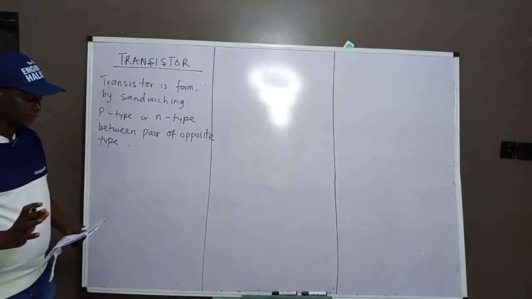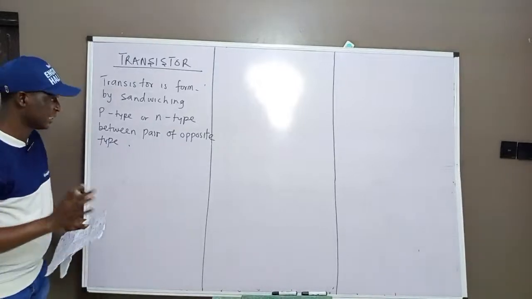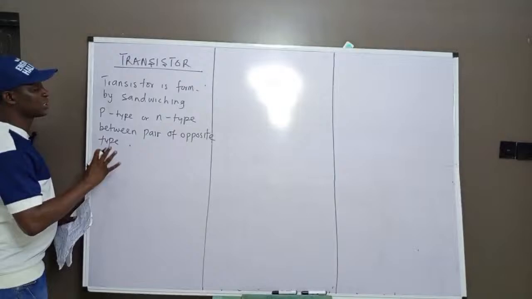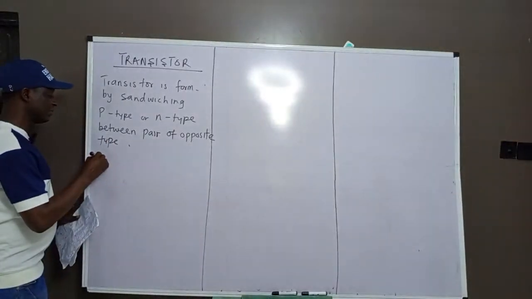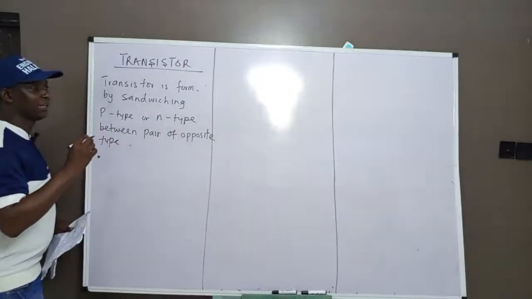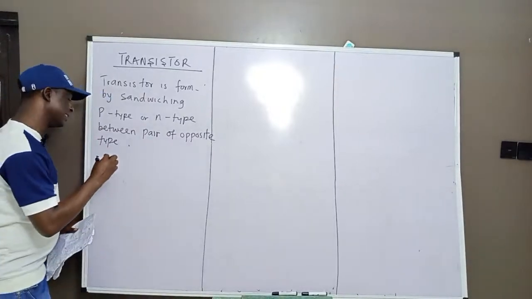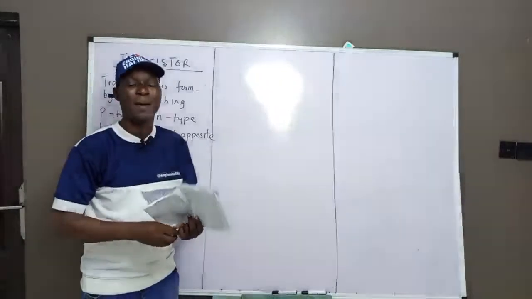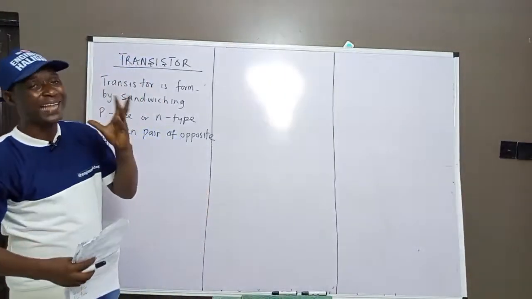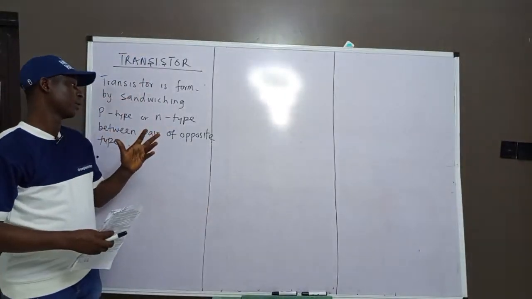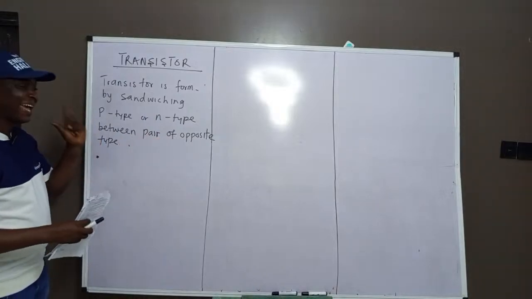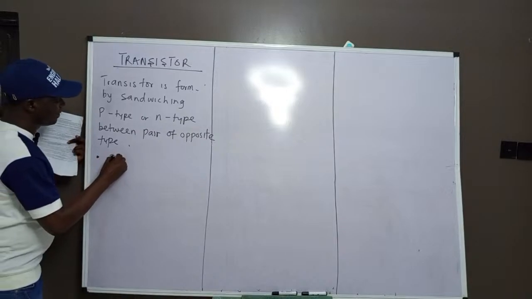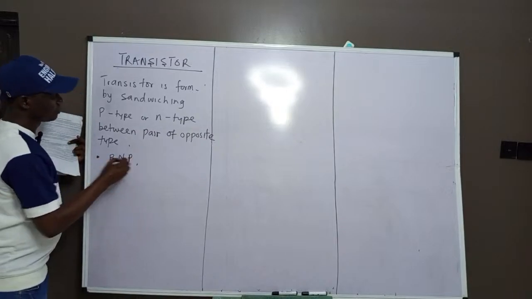What is it saying? Let me make it easy and simple. It means that you can form a transistor by 2 P and 1 N. That is, you can form a transistor by joining two P-type semiconductors and one N-type semiconductor. That would form what we call the PNP.